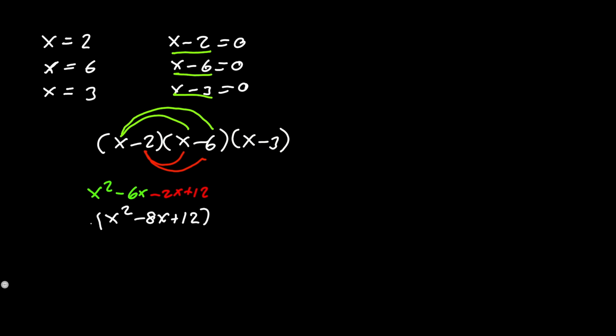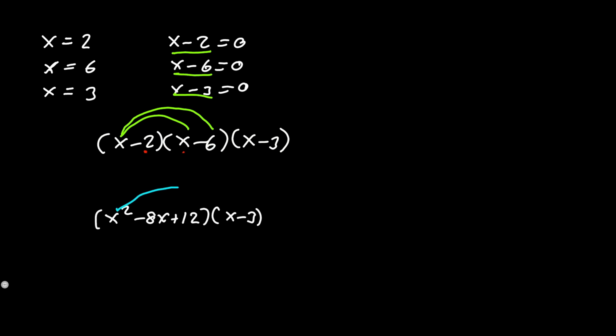And we still have to multiply by x minus 3. So now we will follow the same step-by-step process we did when we expanded x minus 2 times x minus 6.